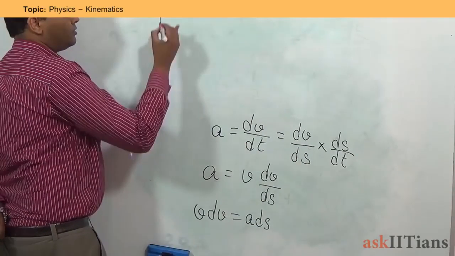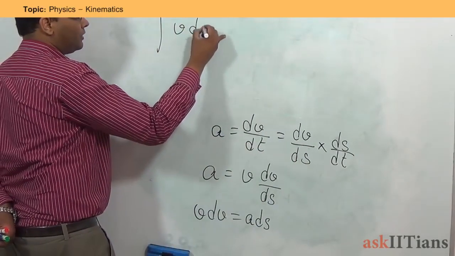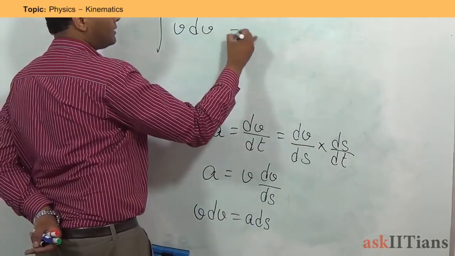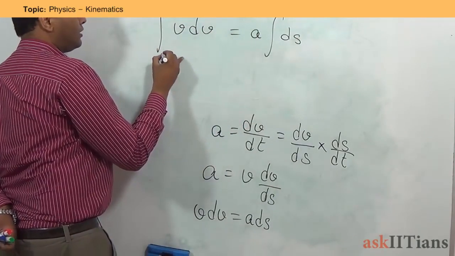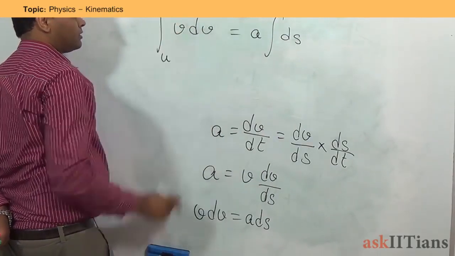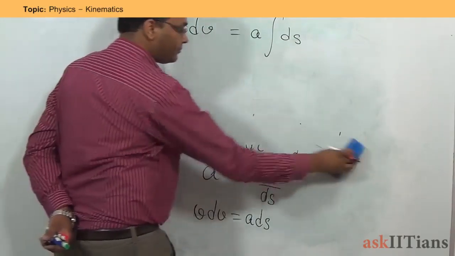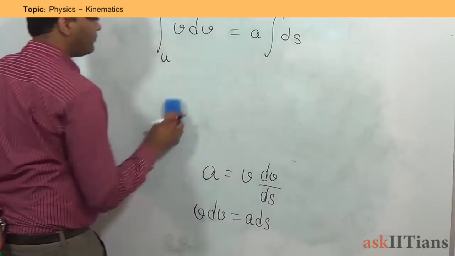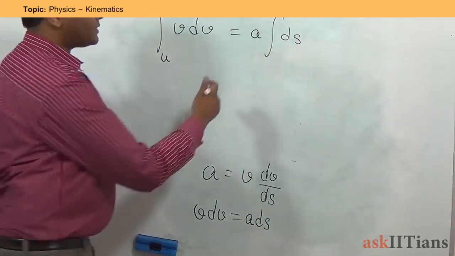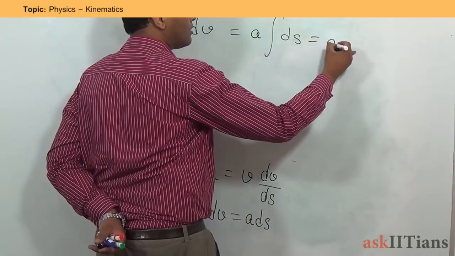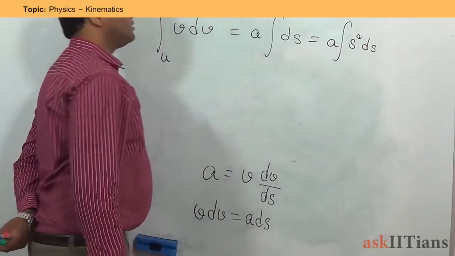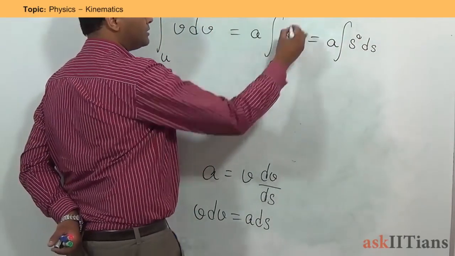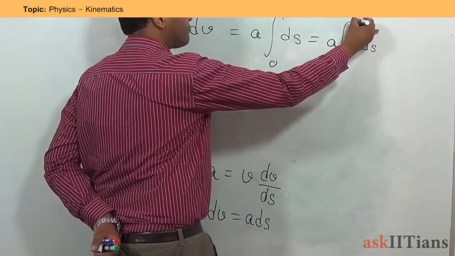So if I say this, I can now put up the integration. Integration of v dv. On the right hand side, it's integration ds. Here I am integrating from initial velocity u to final velocity v. Therefore, here as well I can simply say a into integration of s raised to the power 0 ds. s is being integrated from 0 to s.